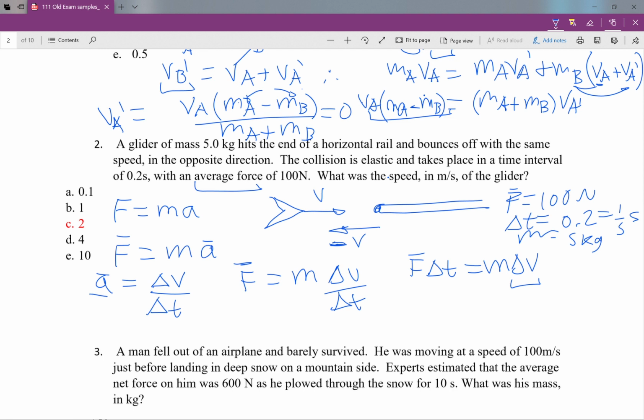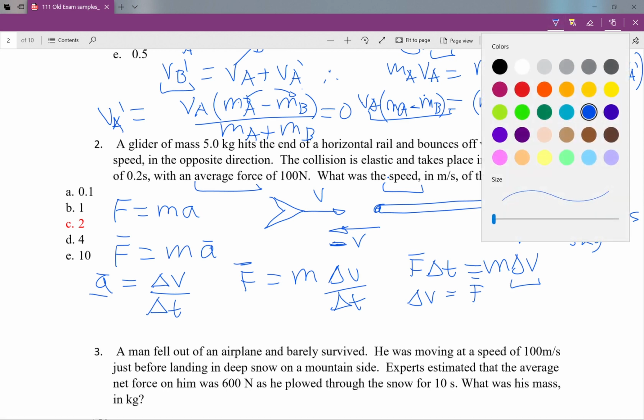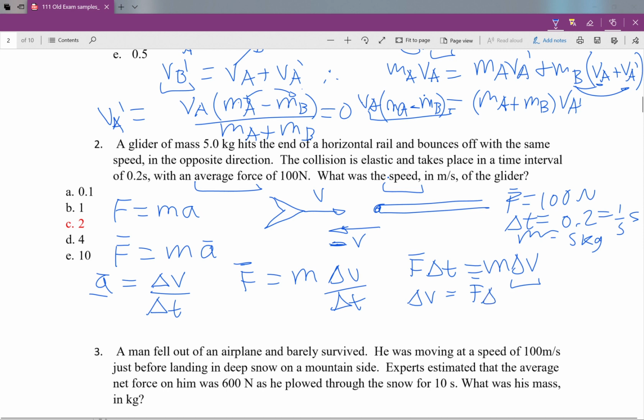If they were asking for the velocity, then we know it would be negative. Let's write delta v equals F bar times delta t divided by the mass. The change in velocity is v final minus v0.